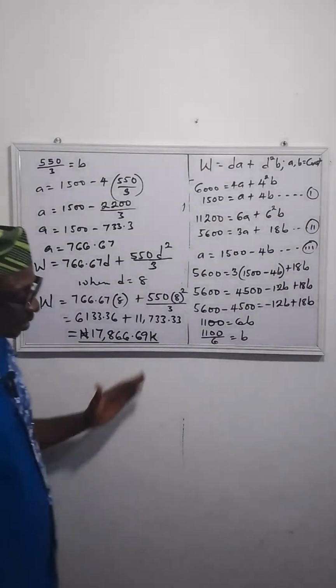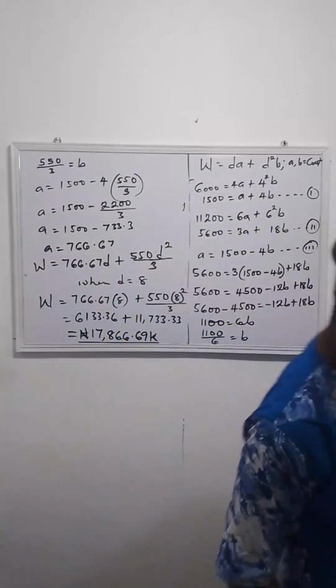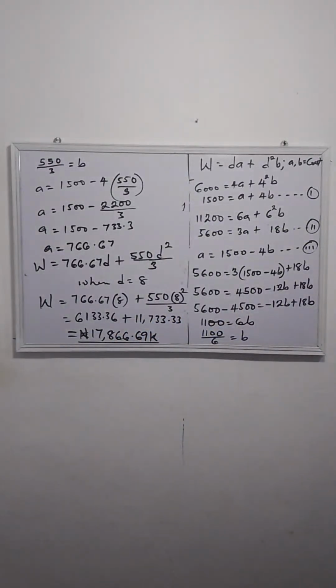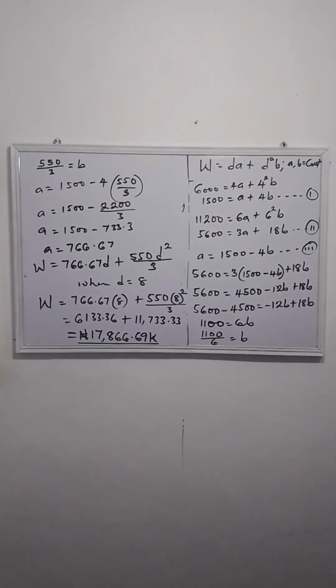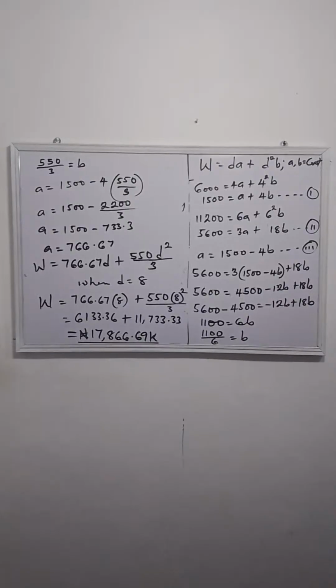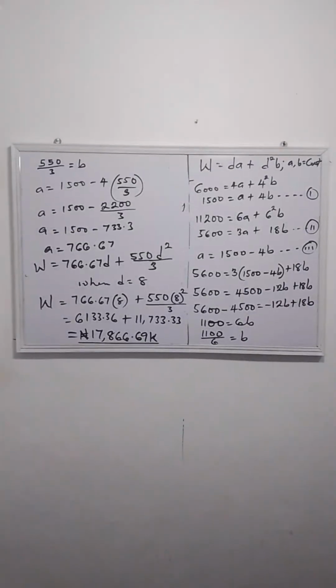All right. So I want to believe you guys understand what we have on the board. This time around, we work with decimals. It requires a lot of attention. Okay.